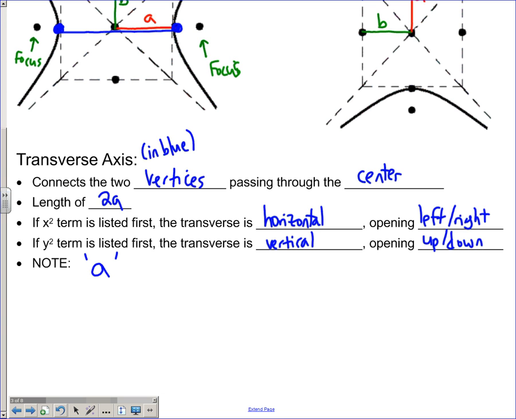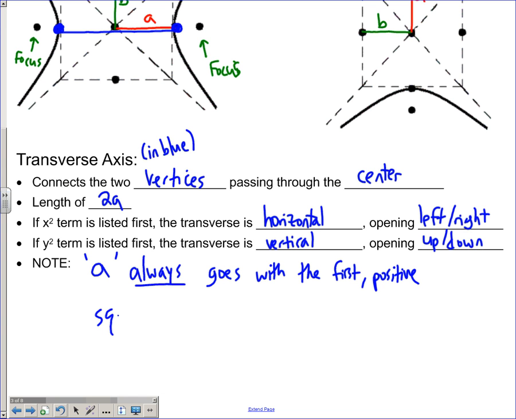Okay? Now, there's something that's really, really important to note. Our a value with hyperbolas always goes with the first positive squared term. Okay? This is different from ellipses.